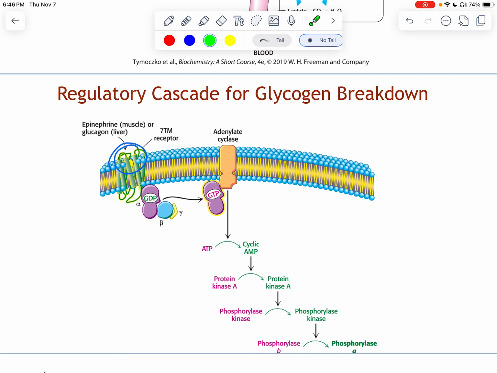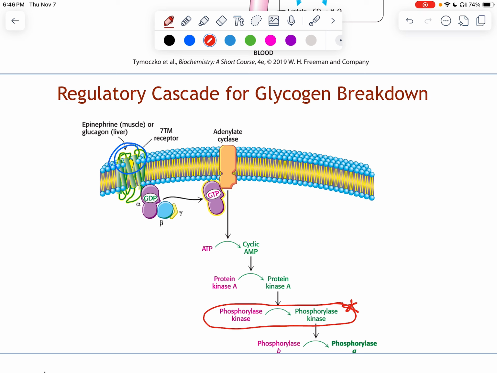Okay, but now, that protein kinase A, when it's activated, so the green are activated, the pink are inactivated, can phosphorylate something. It's a kinase. So what we're going to see now is that it's going to phosphorylate this phosphorylase kinase. Protein kinase A adds a phosphate group, and now we have activated phosphorylase kinase, and we'll take a look at that in a minute.